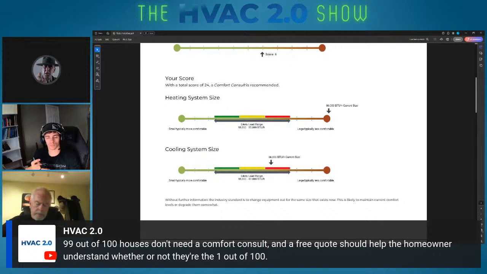And it does suggest that a comfort consult is recommended. But one of the things that we found after using this process for a while is that 99 out of 100 homes don't need a comfort consult. Free quote should help the homeowner understand whether or not they're the 1 out of 100.